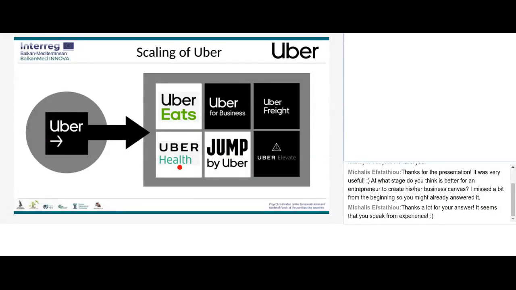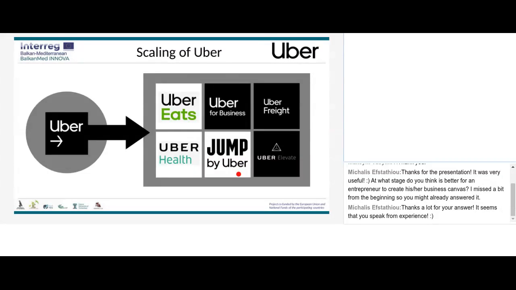They have Uber Health, which is a network of health professionals that work through a platform, and you can book them through the platform. There's Uber for Business, which is a variety of services that are available to businesses through a similar platform.